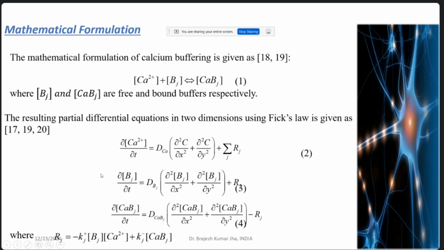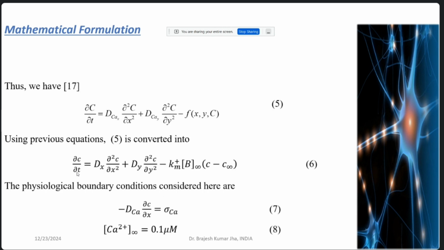Mathematically, we have considered... So by considering this, what we get here is del c by del t, Ca2+ equals D del square c upon del x square plus D del square c upon del y square minus f of x, y, c.